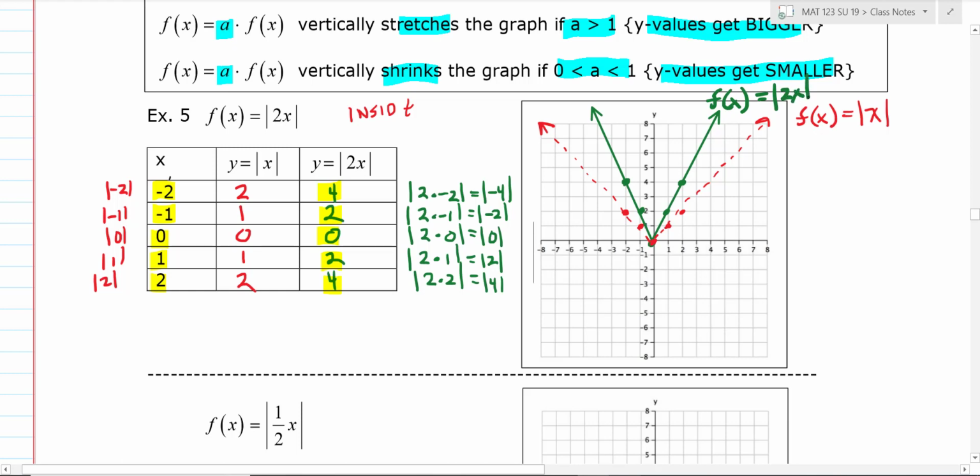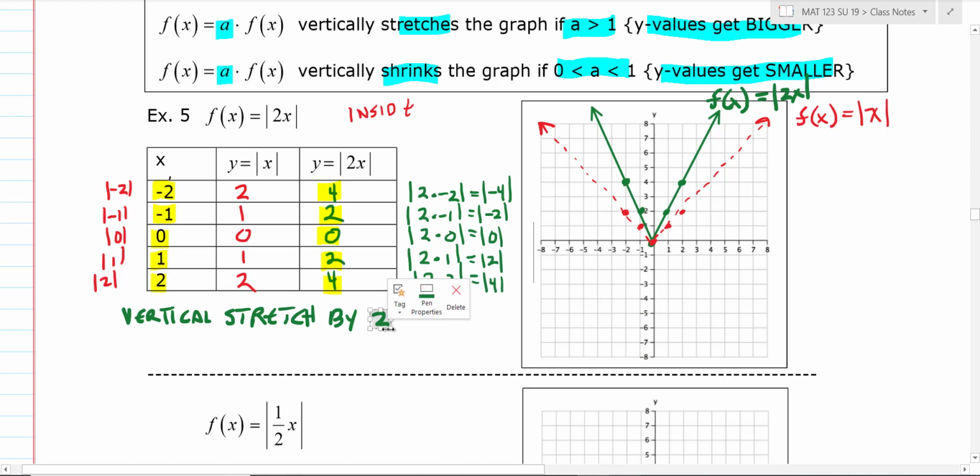Okay, now let's think about what happened on this problem. There's two ways to look at it, and either answer is correct. We could say it's a vertical stretch. You can see if you pull on it, the y values get bigger. So we could say it's a vertical stretch by 2, okay, like that. But you could also think of horizontal.